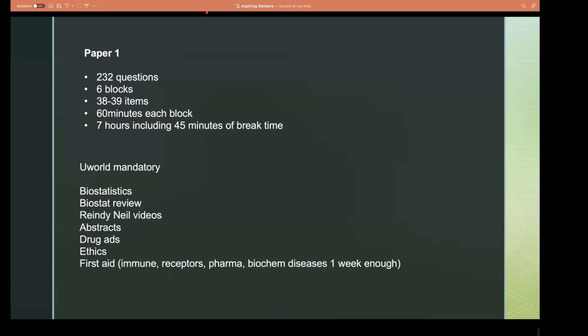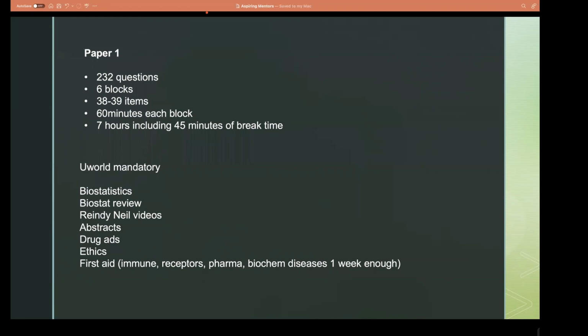Firstly, such a long question scares you. Second, you get confused. Third, questions are constantly lengthy. In Step 1 they tell us it's a mix and match, some questions short and some long. But in my experience, paper one questions are way lengthier.